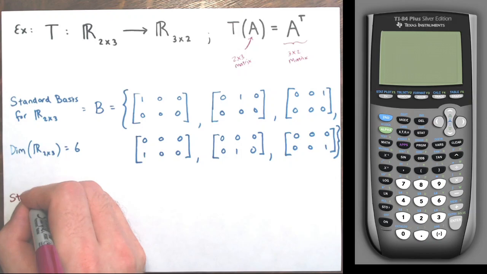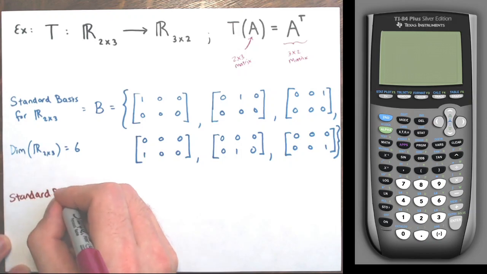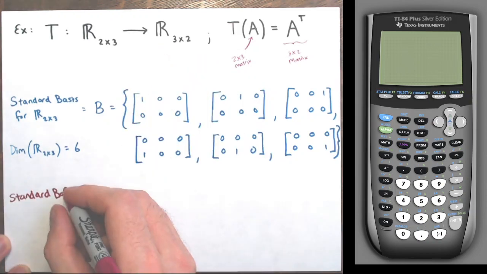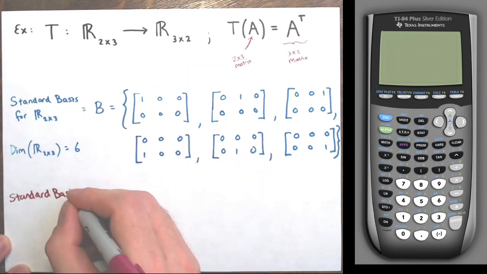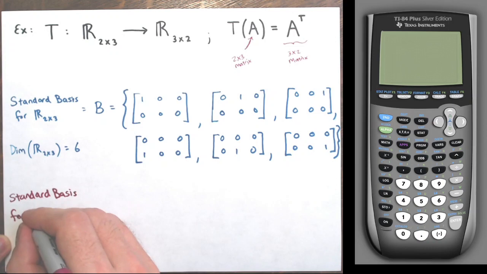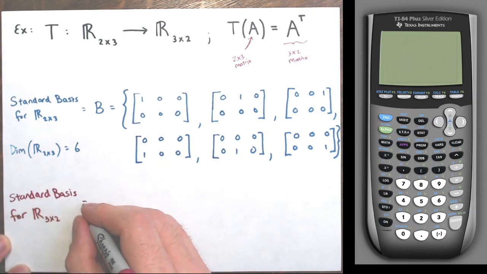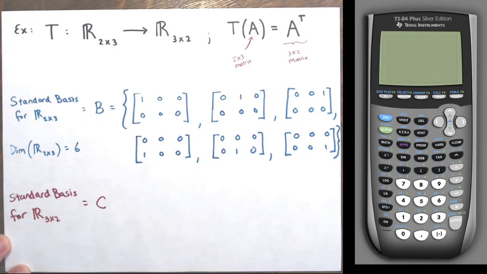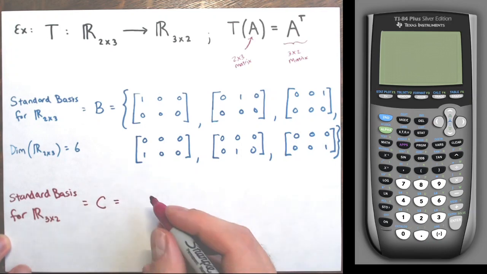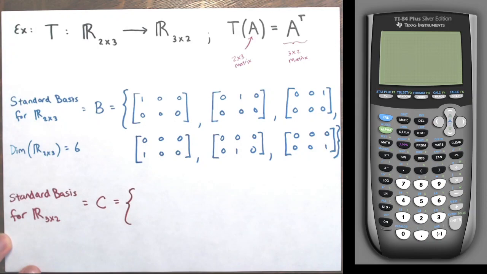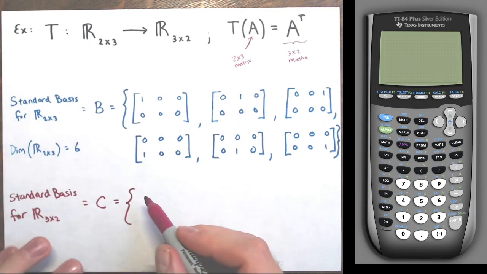And then the standard basis for the codomain, the 3x2 matrices, is similar. But they're just all 3x2 matrices. I'm calling this C, for codomain. Again, this is just the set of all 3x2 matrices where exactly one entry is a 1 and the rest are 0, and I'm just going to move the 1 around the different positions.